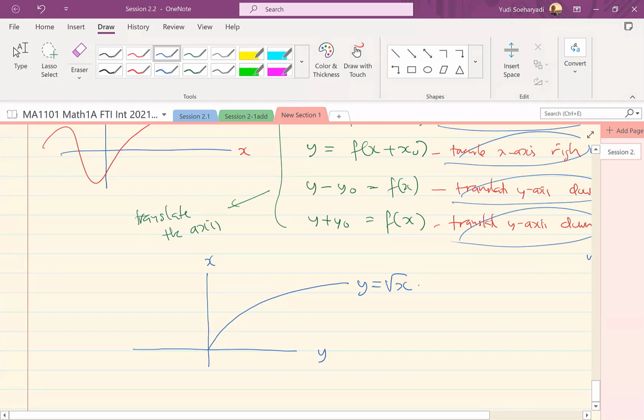Okay, so what if we translate up? Wait, the graph moves up because the axis moves down. Oh, sorry. Okay, so this looks like the graph moves up, we move down.